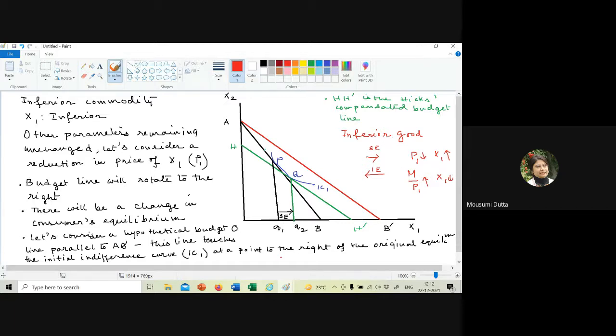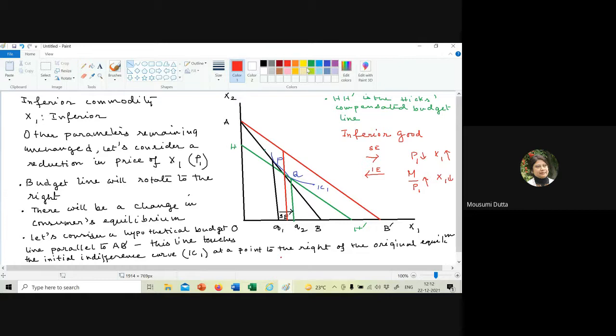Let's try to understand this. The first possibility is, I can consider equilibrium at a point like this. In that case, the income effect is less strong, and the substitution effect is greater than the income effect.